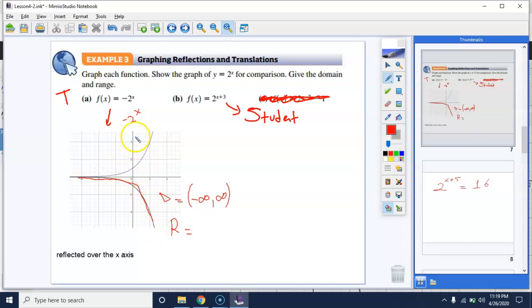There is no way to include those positive numbers. So it's going to be covering negative numbers. I'm going to say negative infinity to 0. This is much more accurate, the bottom one.